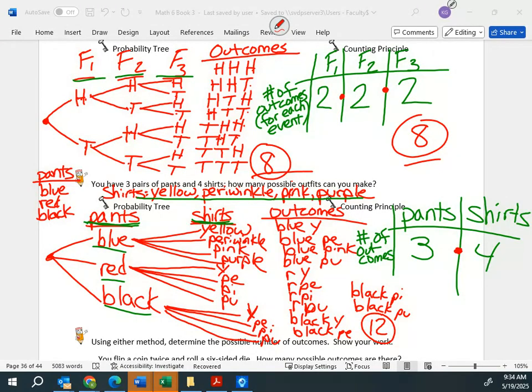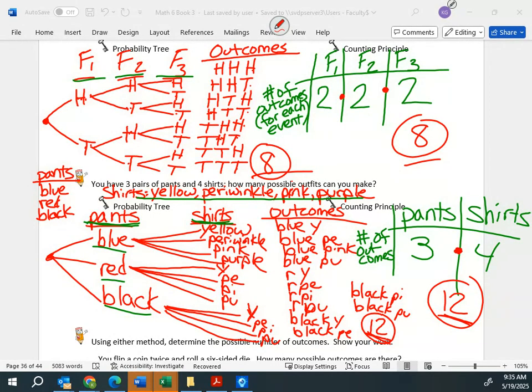I want you to put that multiplication symbol there too. What is 3 times 4? Kylie? 12. Look at that. 12 outfit choices and 12 outfit choices. Both ways we get the same answer. There are 12 outfits that we can make with 3 pants and 4 shirts.